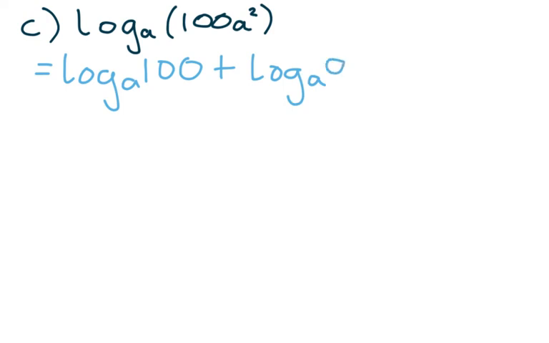That's because we've got 100 times a squared, so we can split that up into an addition using our first log law. Then we need to work out, how can we make 100 from the numbers 4 and 5? Well, to do that, we could do 4 times 25, which is the same as 4 times 5 squared. So we'll have log base a of 4 times 5 squared.